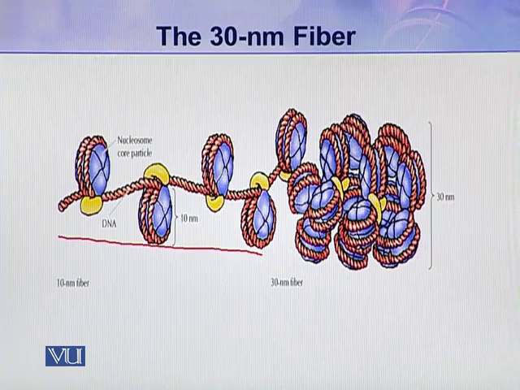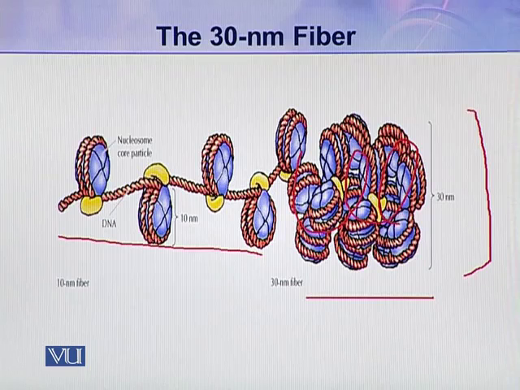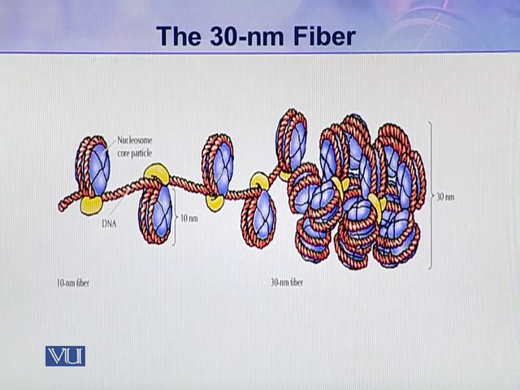So this folds into a 30 nanometer fiber. So the diameter is a bit increased from 10 nanometer to 30 nanometer. So this is the next level of organization in the condensation of the chromatin material, chromatin fibers.